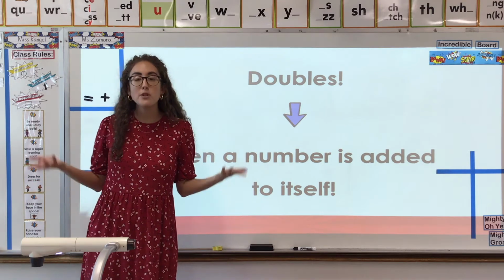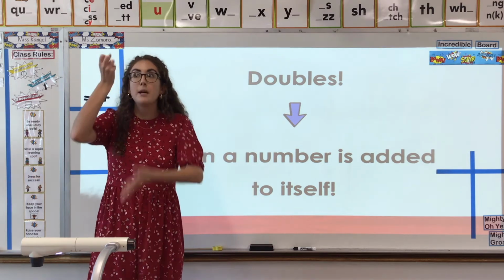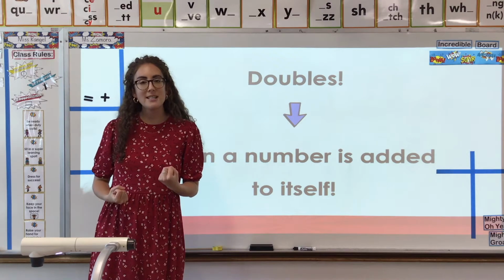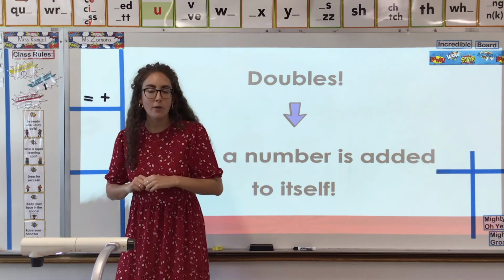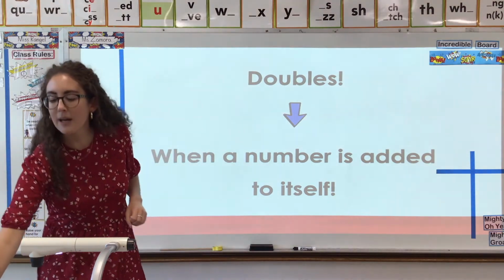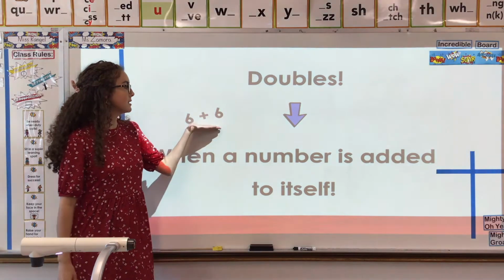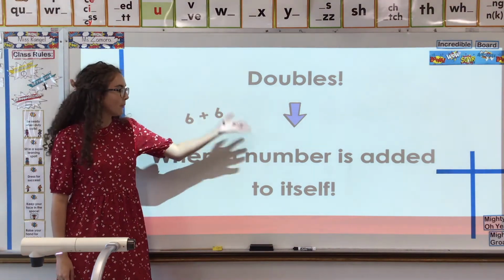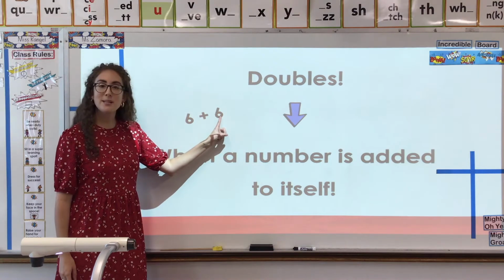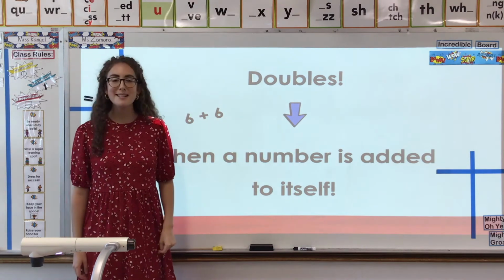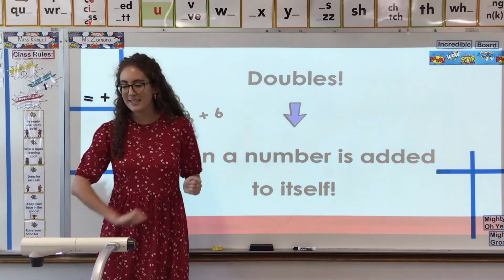And when we're able to fluently answer them, we can pull apart bigger equations and solve them. So an example of a doubles fact is 6 plus 6. We have a 6 added to itself and the number twice, so it's called a doubles fact.